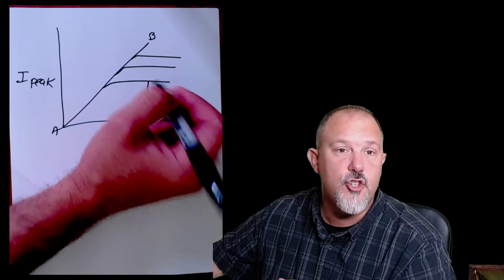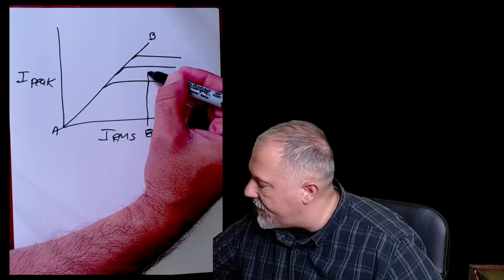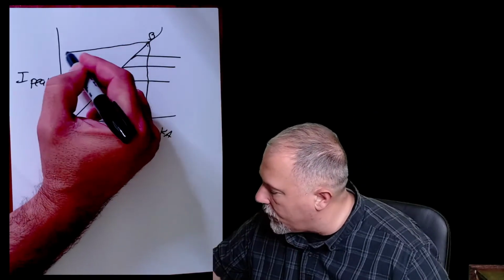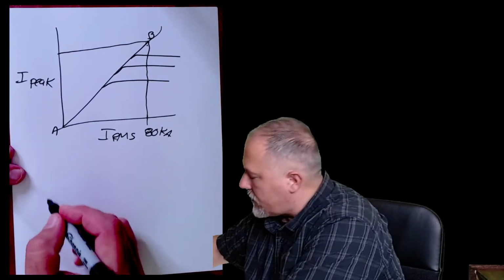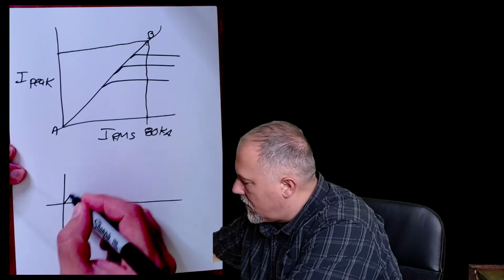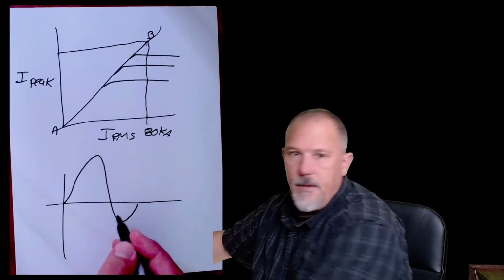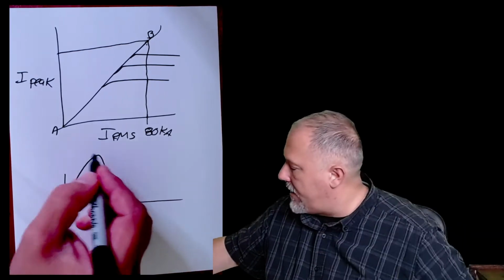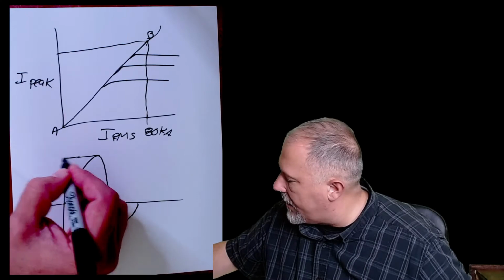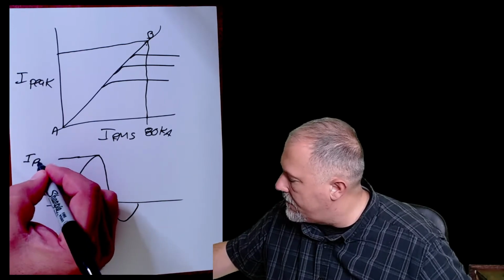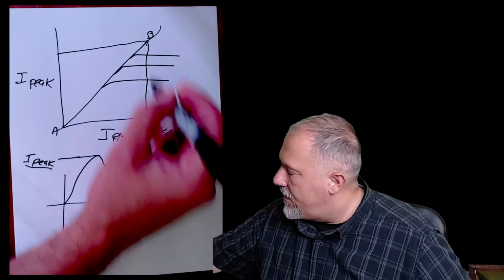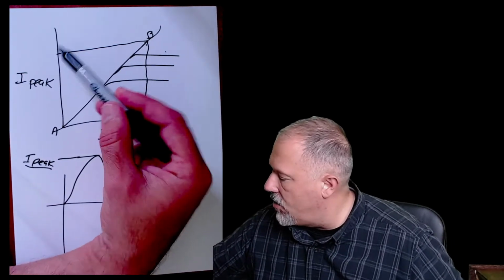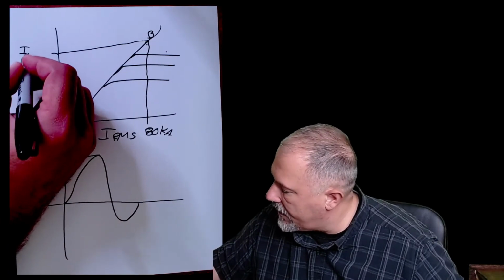If I go all the way up to the AB line and go over, there's my AC sine wave. What going up to the AB line and over gets me is this point right here, I peak.